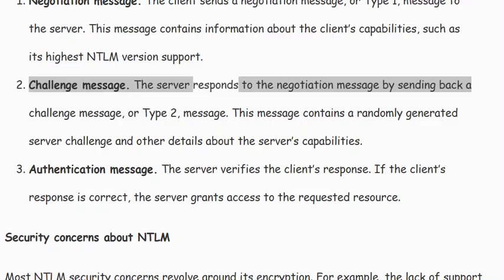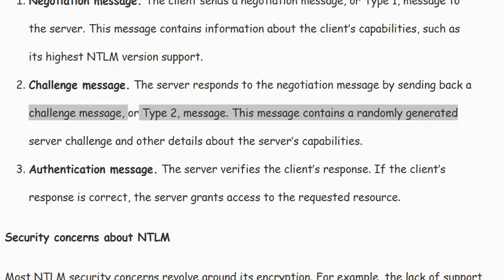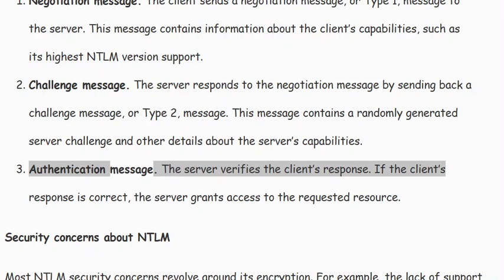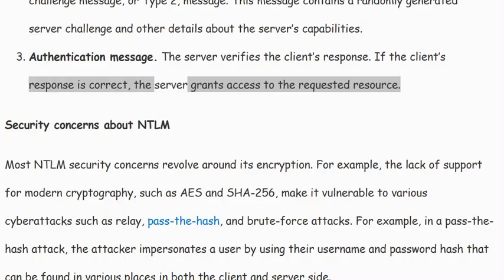The server responds to the negotiation message by sending back a challenge message, or type 2 message. This message contains a randomly generated server challenge and other details about the server's capabilities. Authentication message. The server verifies the client's response. If the client's response is correct, the server grants access to the requested resource.